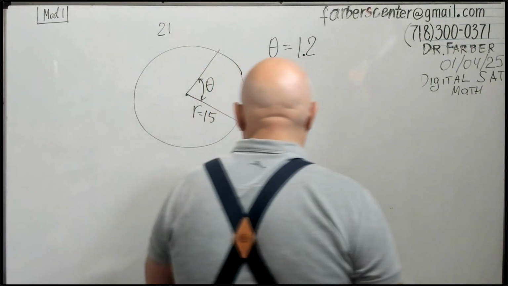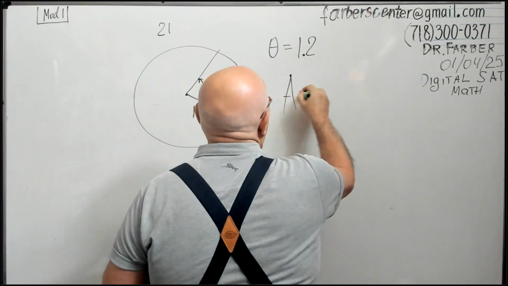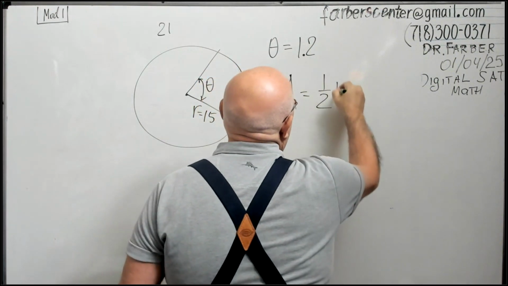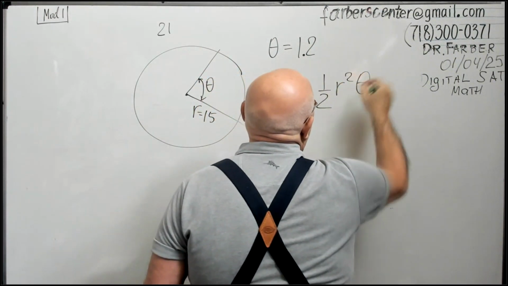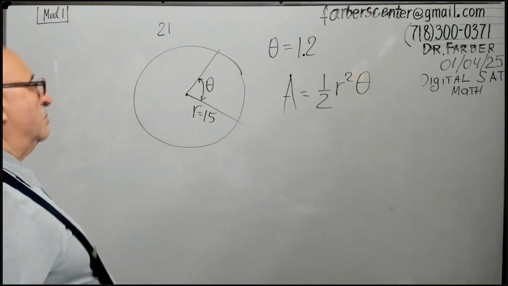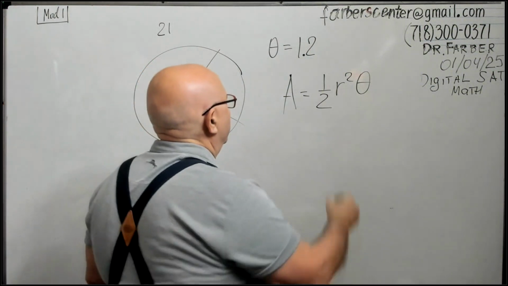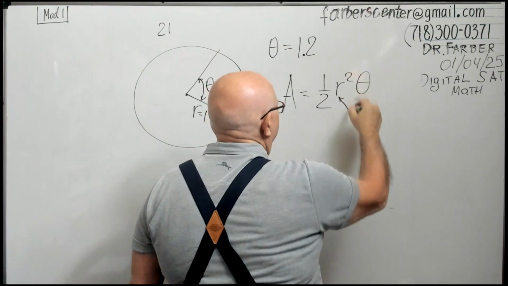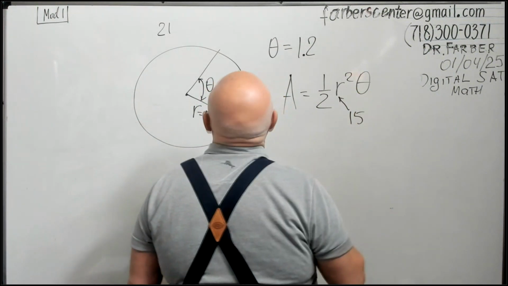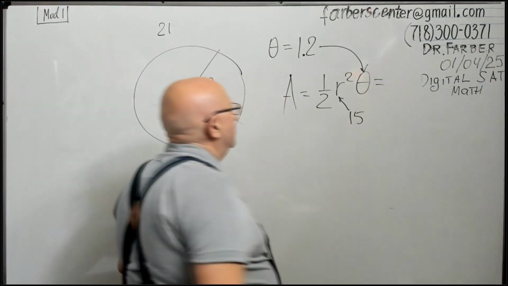What is the area? Yes, there is a circle, definitely. So area equals 1/2 r squared theta. Radian is a very convenient way of operating with all these problems. Just plug in: this is 15, and this is 1.2. Also a few seconds.